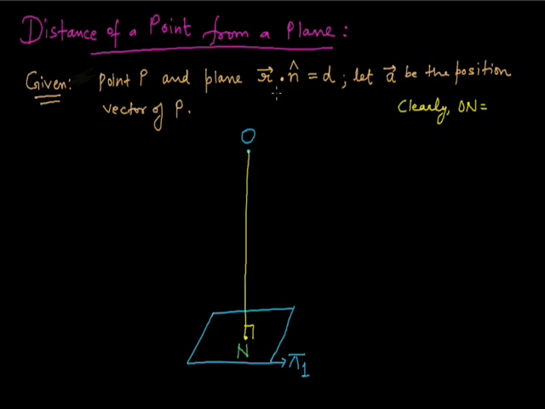Since the equation of the plane is r vector dot n cap equals d, the distance of this plane from the origin is small d. So ON is equal to d.